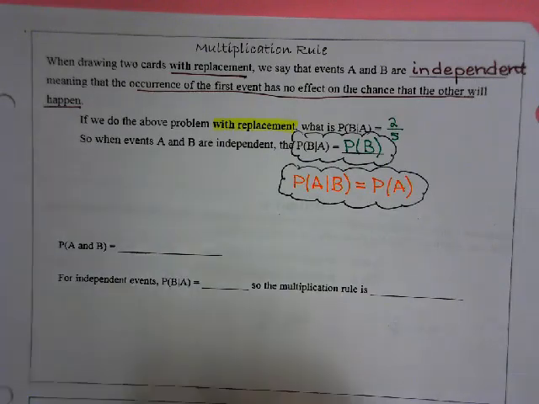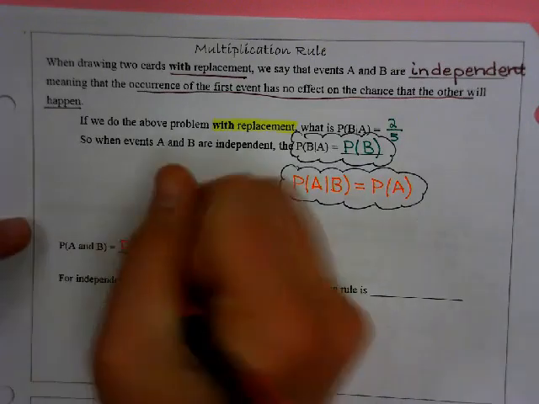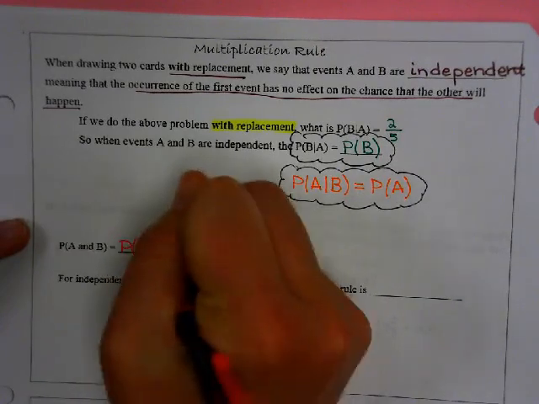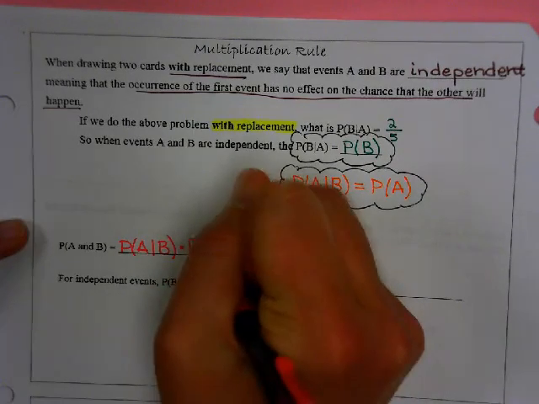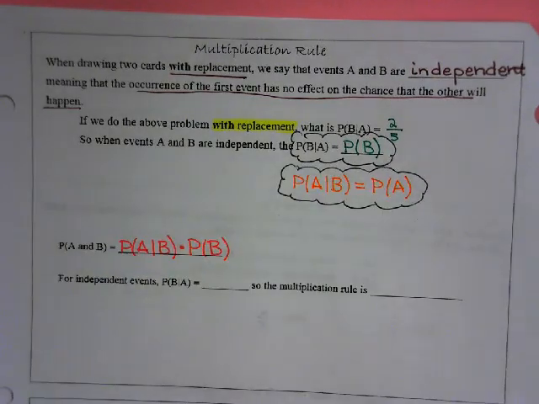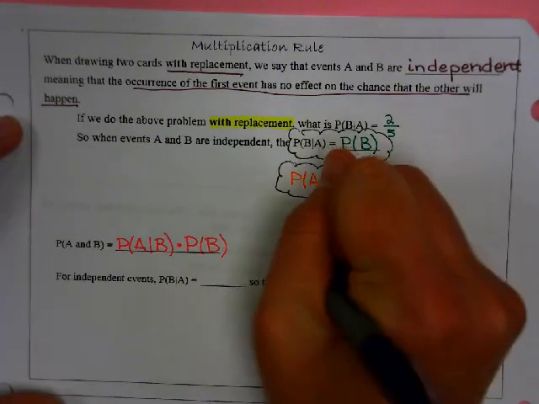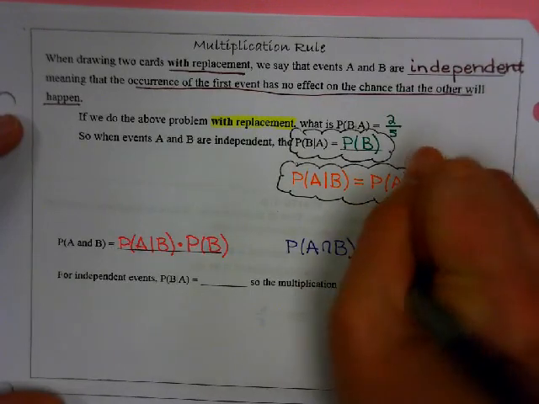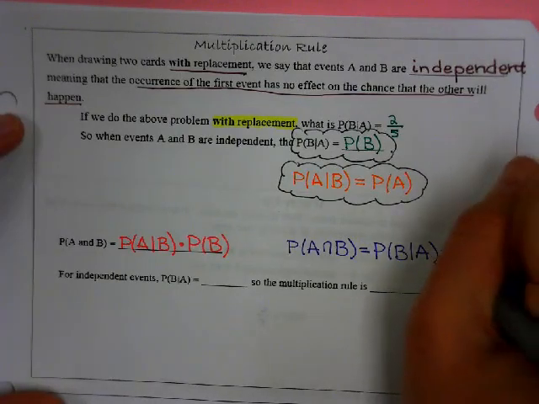Probability of A happening, B happens, is the probability of A happening given B times the probability of B happening. Or probability of A and B is the probability of B happening given A times the probability of A.